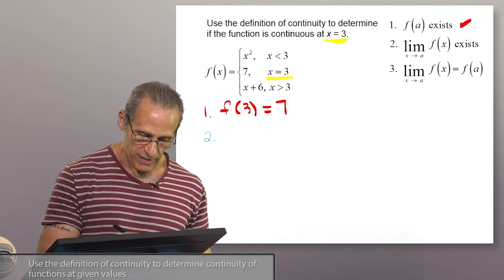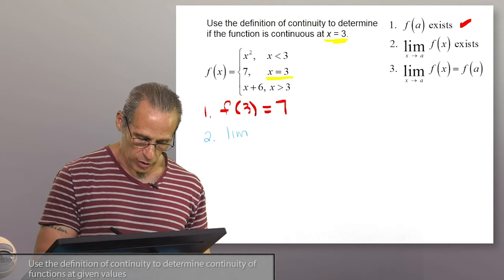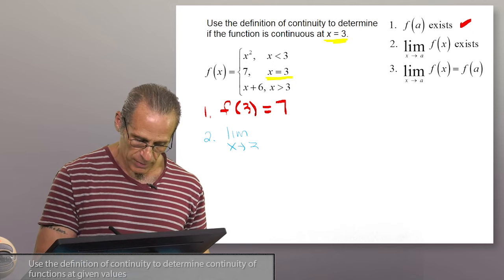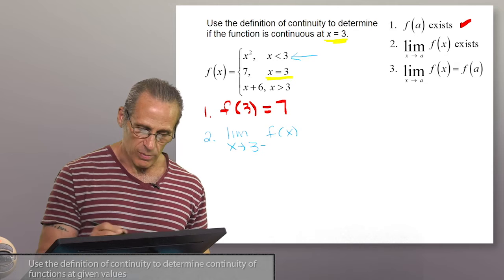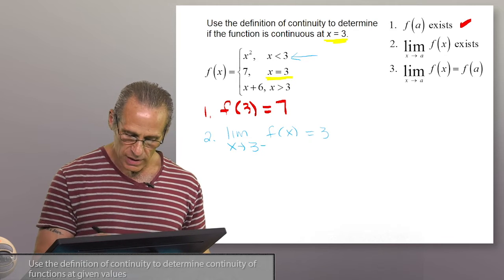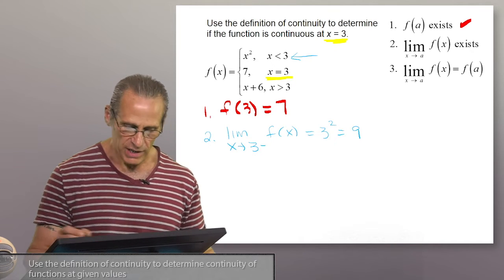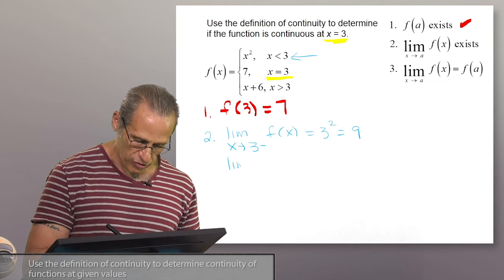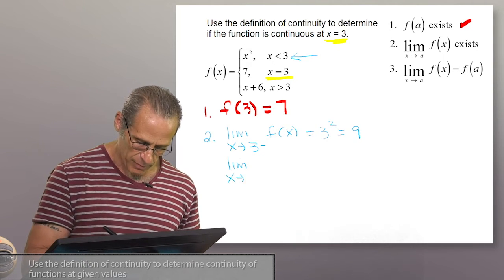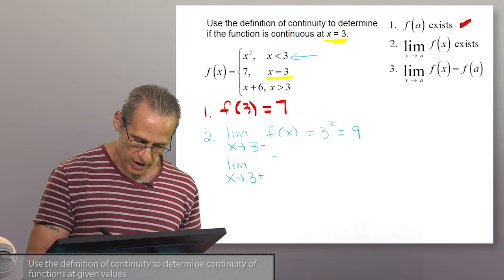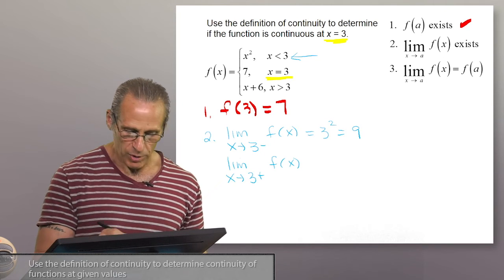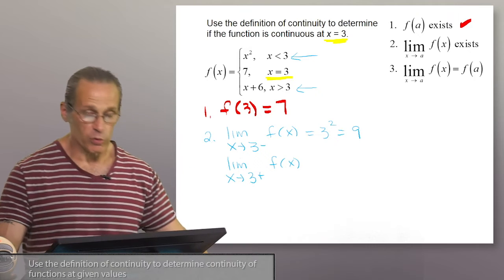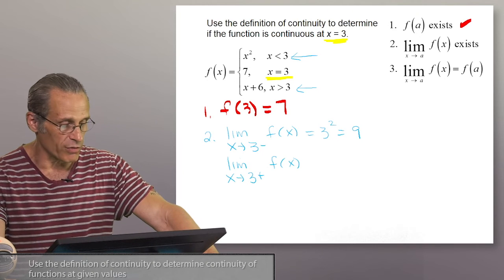Well, let's go ahead and check that out. As I look at the limit as x approaches 3 from the left, I'm using values of x that are less than 3. So I'm dealing with the function x squared, and that left-hand limit is 9. When I take a look at the right-hand limit as x approaches 3 to see if I get back 9, I'm putting in values of x that are more than 3.